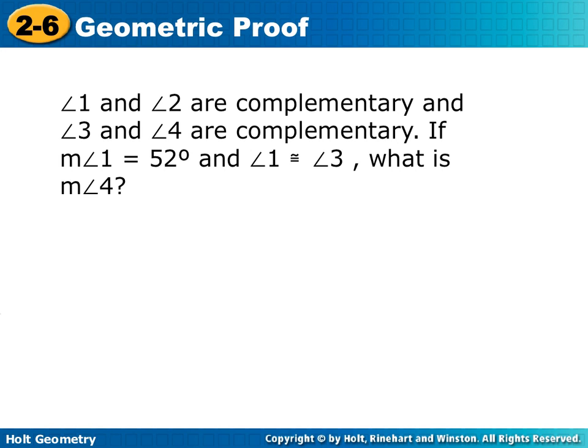But I also put 1 and 3 are congruent. So thinking it backwards, if 2 is a complement to 1, 4 is a complement to 3, and 1 and 3 are congruent, we should get 2 and 4 being congruent. Let's see how that works out.